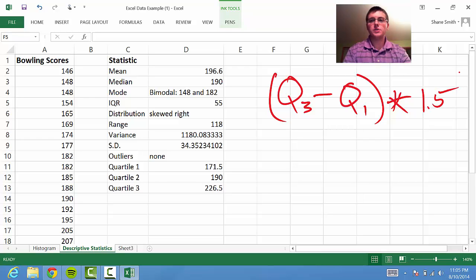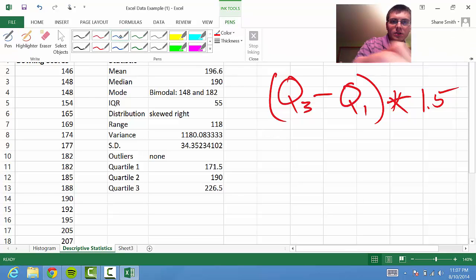So that's the first step. I have a calculator here. So that's 226.5, and we're going to subtract 171.5 because that's the first quartile, and we're going to multiply that times 1.5. Now that gives us 82.5. So I'll write that down.